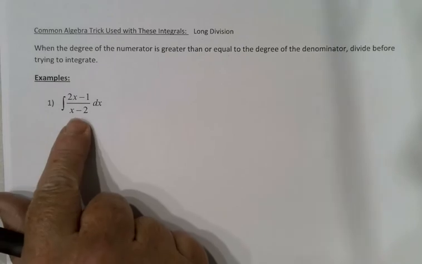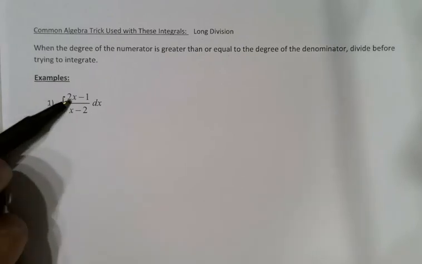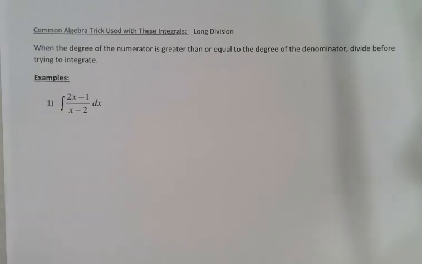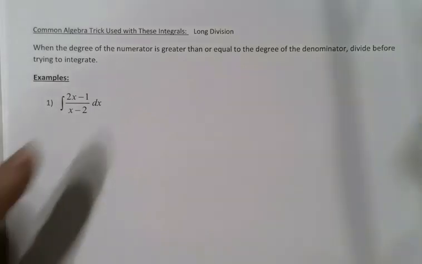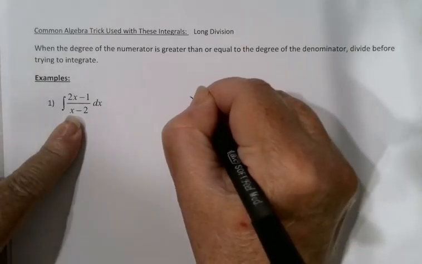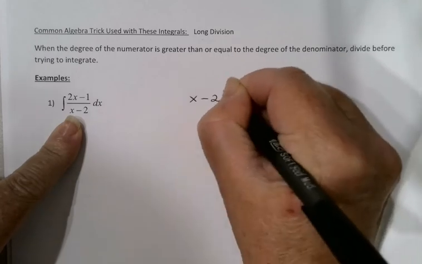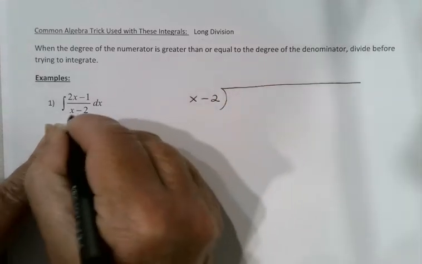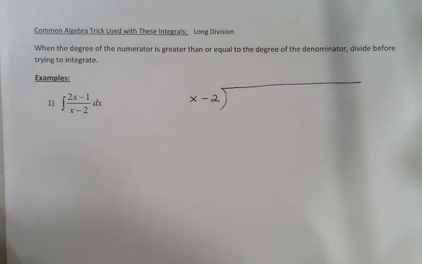Right? So when I look at this problem, the degree on the top is the same as the degree on the bottom. So let's start here by just dividing this out. It is long division since there's two terms, not just one in the denominator.